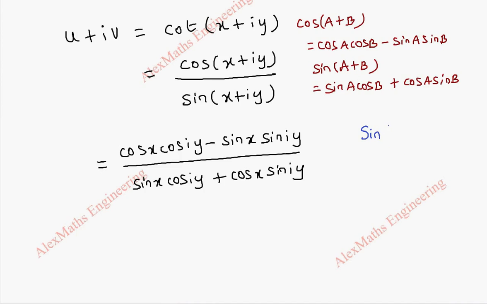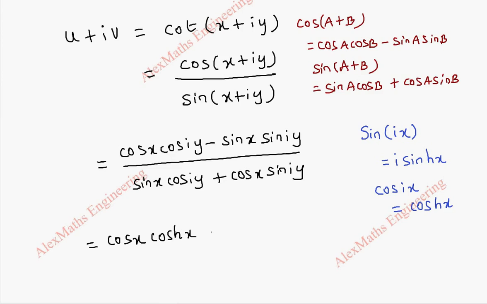When you have sin of iy, this becomes i sinh y, and cos of iy, this becomes cosh y. So in the numerator, cos x as it is, cos iy becomes cosh y, minus sin x into sin iy becomes i sinh y. So I have taken the i here.